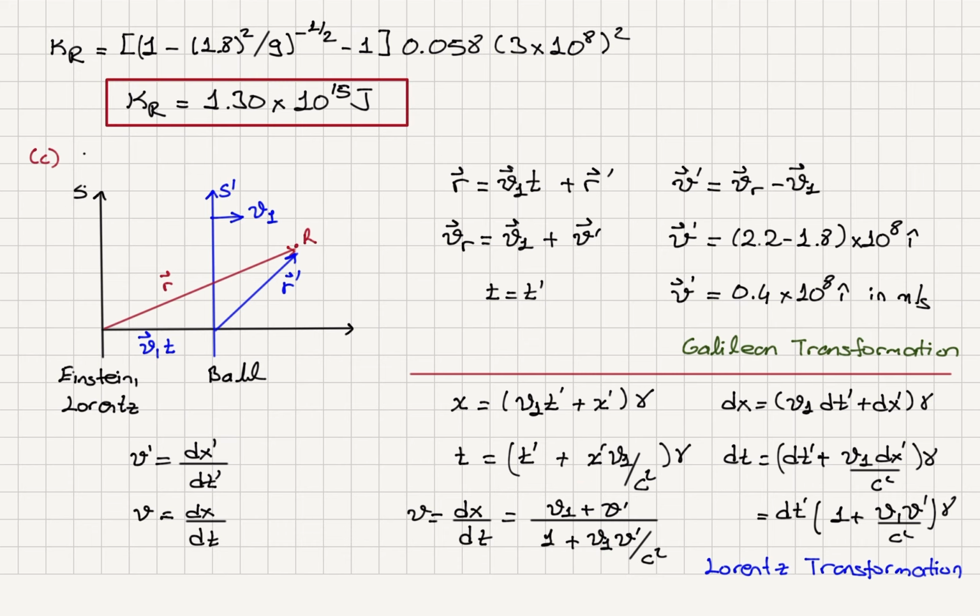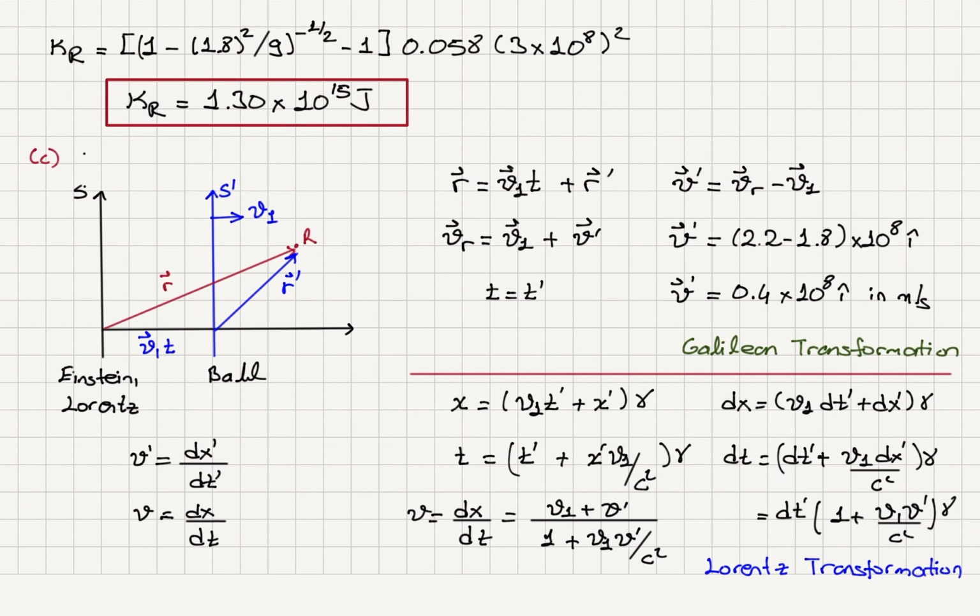So for v prime, for the proper transformation, this is the speed, so it's the absolute value of v1 minus v prime. And what was v prime?